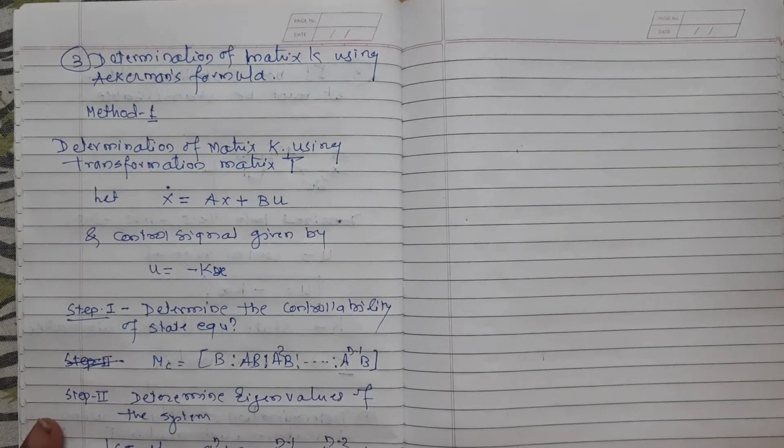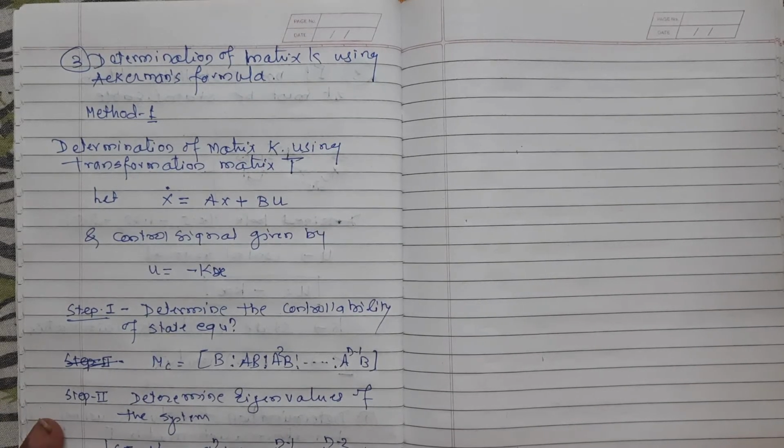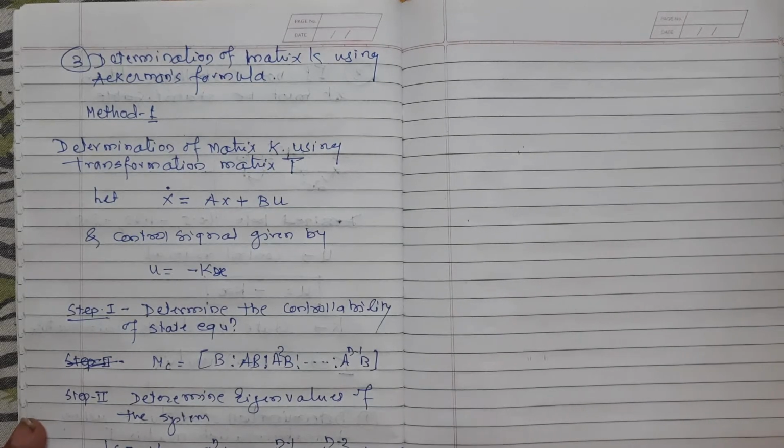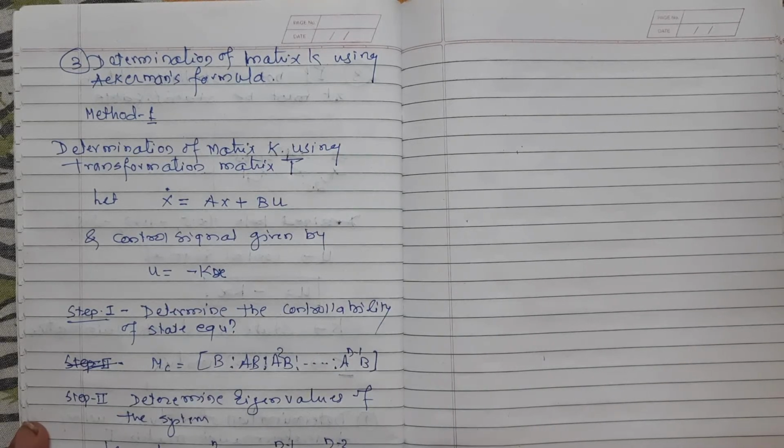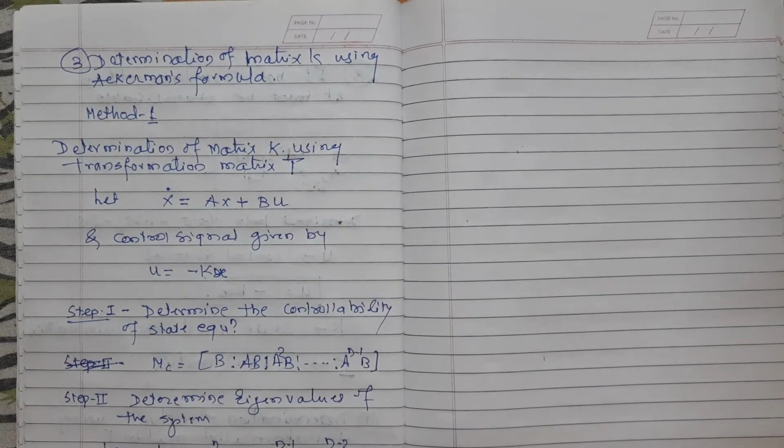Here we take a1, then a2 up to an. an is only a value, with no s term; a n minus 1 is multiplied by s.